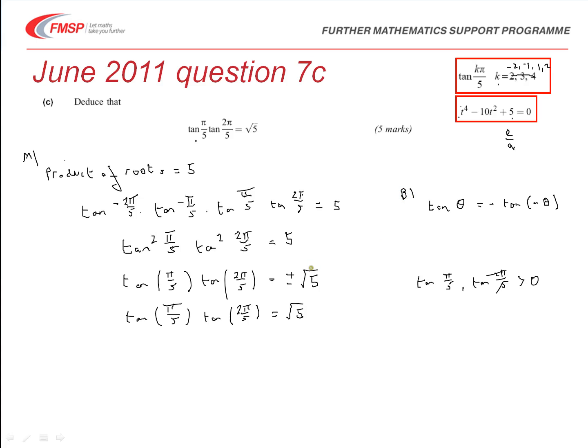An accuracy mark for coming up with this statement here correctly. And for square rooting it and ending up with the positive answer, you get a mark. And for explaining why you have ditched the negative value of root 5, we'll give you an explanation mark there. You need to explain or show that you've understood why we got rid of that negative sign, and that needs to be explained.